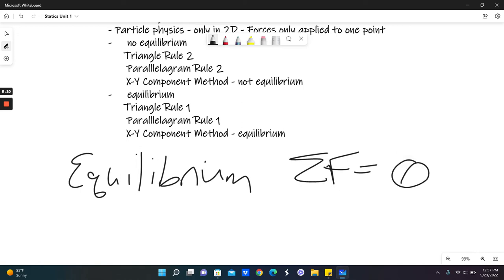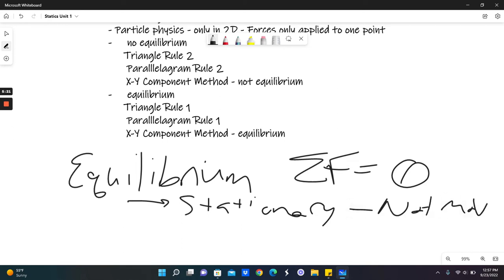So if we see any notes about something is stationary, something is not moving, holding still, whatever the case may be, that tells us that it is in equilibrium.